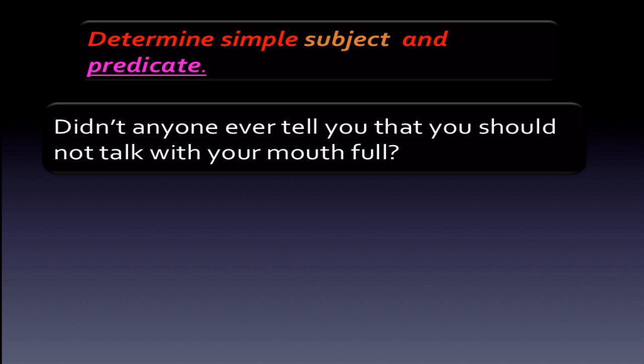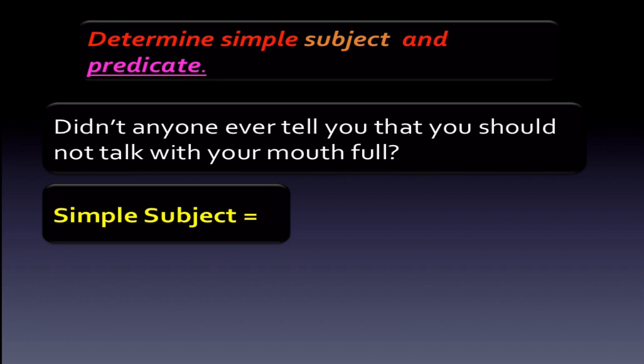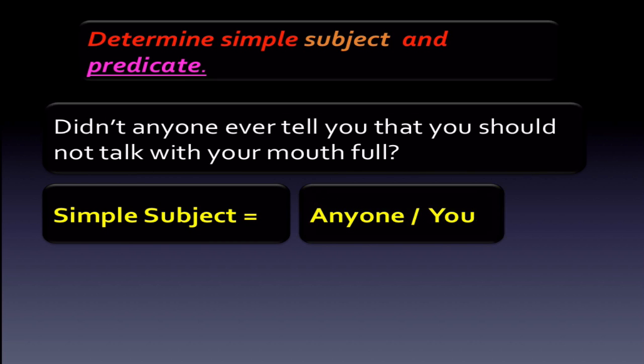Perfect. All right. Didn't anyone ever tell you that you should not talk with your mouth full? So the sentence is about anyone telling you something, that you should not do something, right? So anyone and you are your simple subjects.